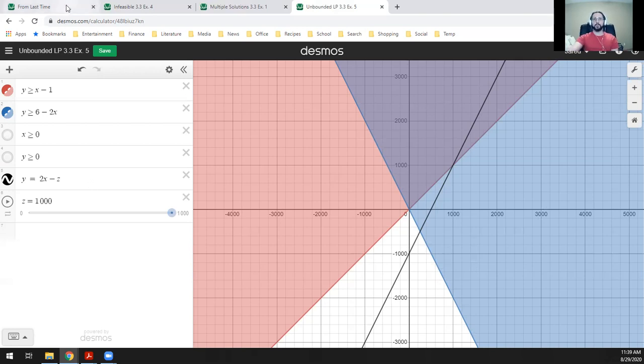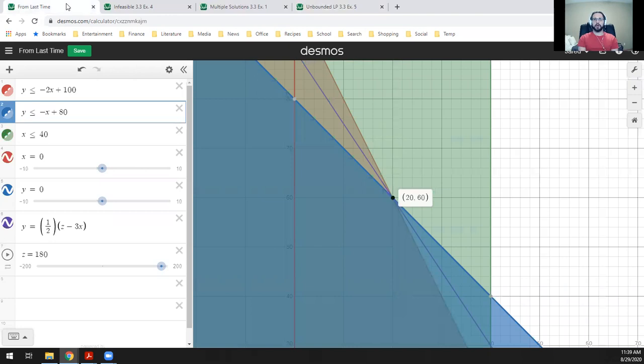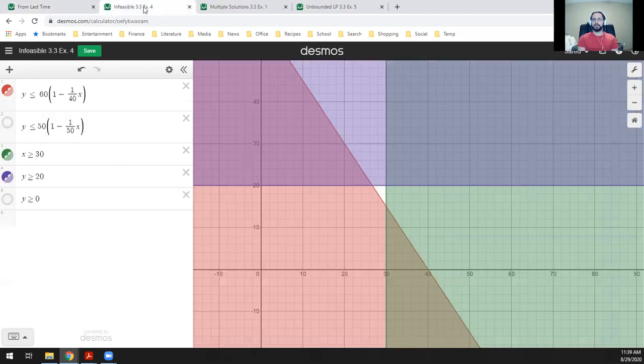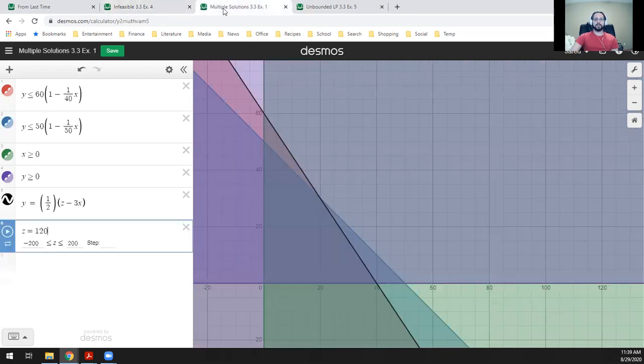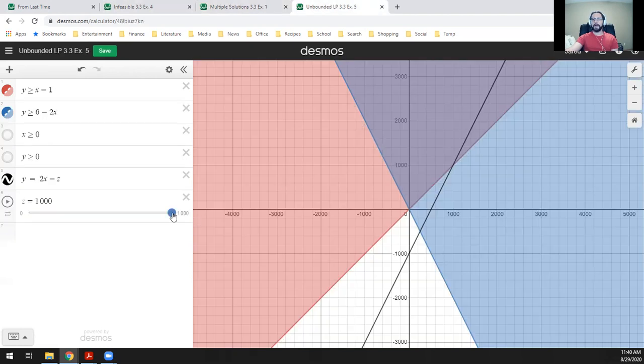So these are the 4 total categories of potential solutions to LPs: the unique optimal solution, the infeasible LP with no solutions at all, an LP that has multiple solutions, and an LP that is unbounded.